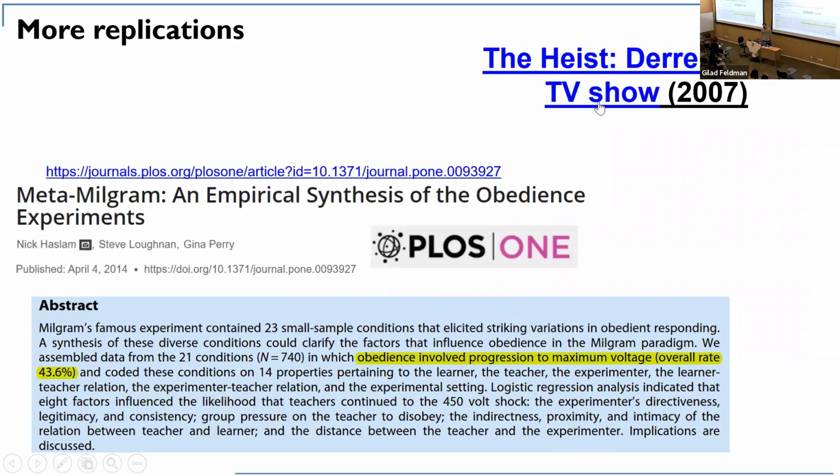In addition, when we did this TV show, The Heist, trying to replicate this thing, you can watch the video if you click on this to see how they conducted the Milgram experiment. And you will see that they were able to get very similar results to the one by Milgram. This is a meta-analysis, a meta-Milgram, that shows that 740 participants from 23 small samples showed that obedience involved progression to the maximum voltage, overall 43.6%.